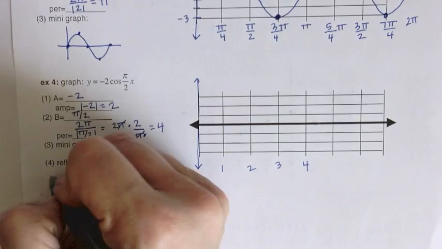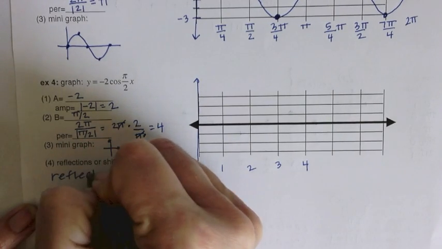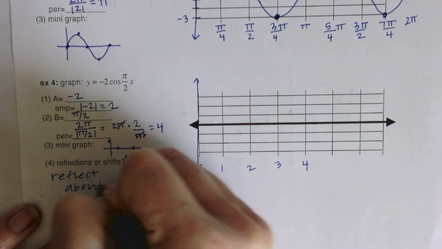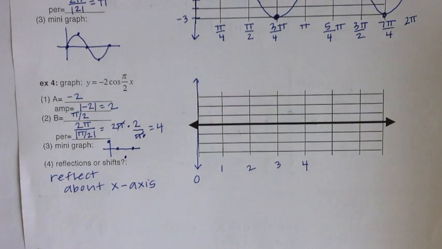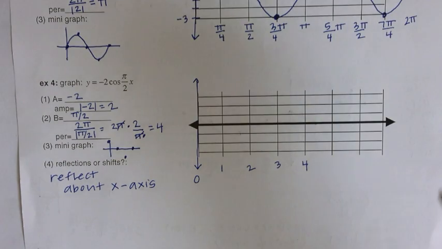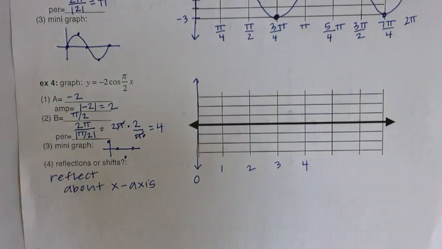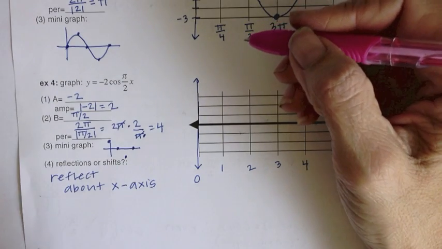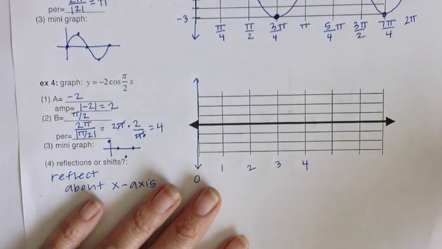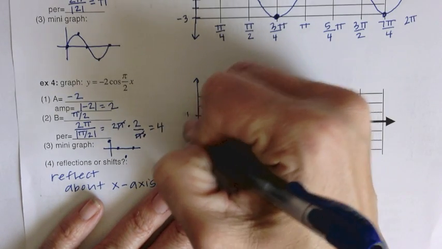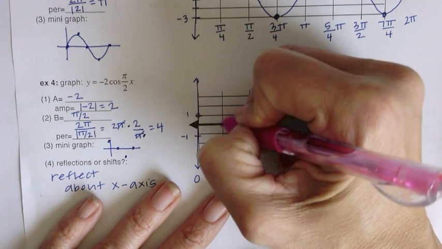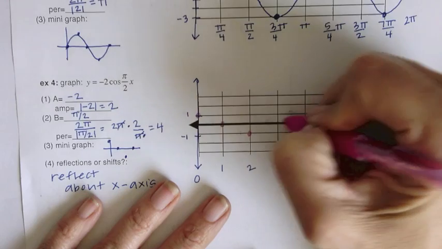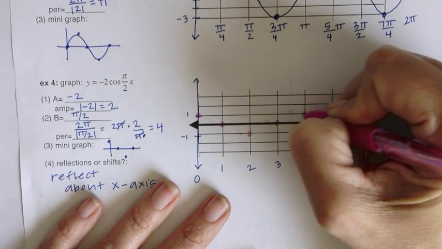Reflections or shifts. This one has a reflection, reflect about the x-axis. So for this particular one, I am going to use a different colored pen to start. Cosine in its basic form would be right here. Let's label these, always got to label. It would go from here, here, minimum, intercept, max.